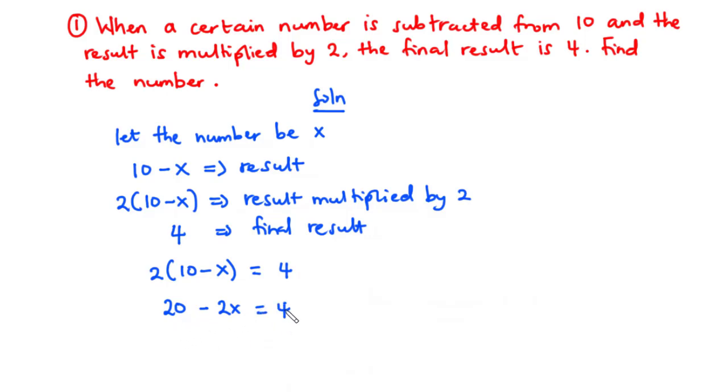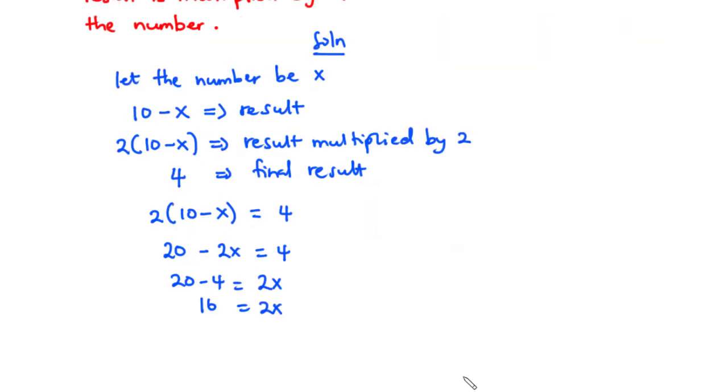Now we transpose 4 to the left hand side, we have 20 minus 4. We transpose negative 2x to the right hand side and we have 2x. 20 minus 4 is 16. We have 16 equals 2x. And then we divide through by 2. And then we have x equals 8.